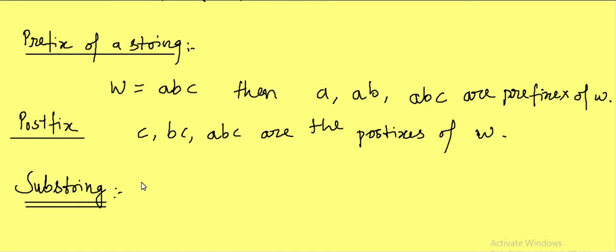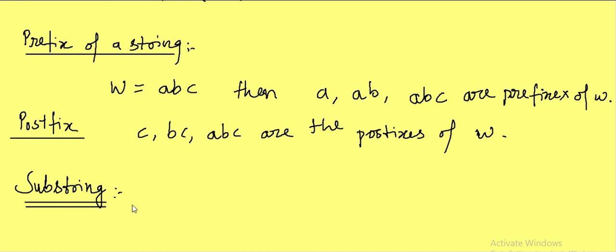Apart from a big question about designing a finite state machine or a Mealy or Moore machine, which is another type of question, they also ask basic questions from these definitions, right? So you must clear all the concepts of automata by learning these topics. So quickly I will explain the substring.